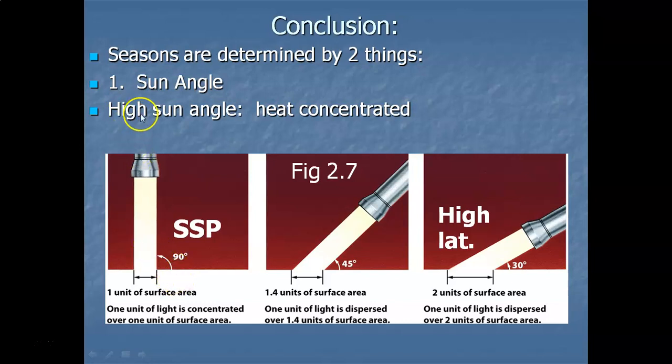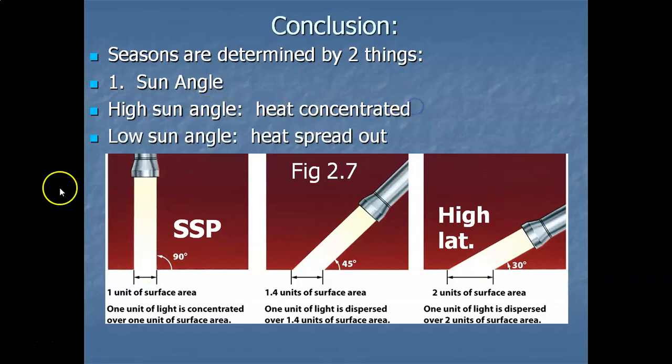So if you've got high sun angle where the subsolar point is, or even you're just a few degrees away, if you're still getting high sun angles in the 80s or 70s, you're still going to get a lot of heat, and so that's going to create the summer season.